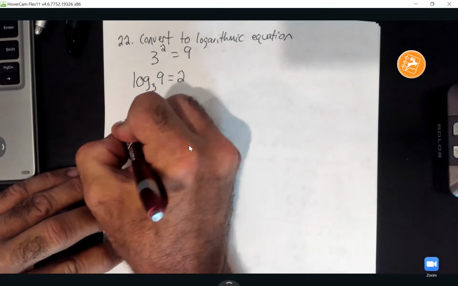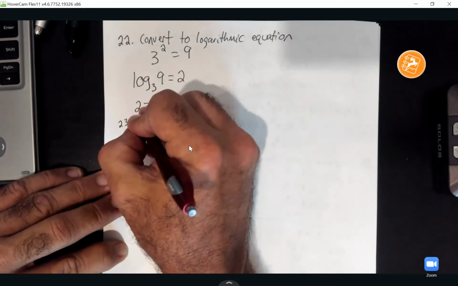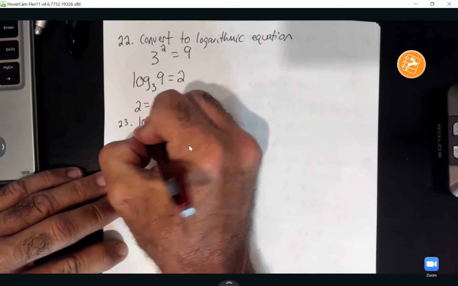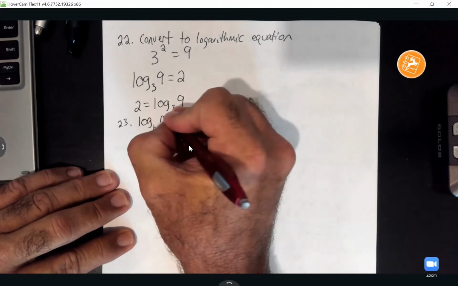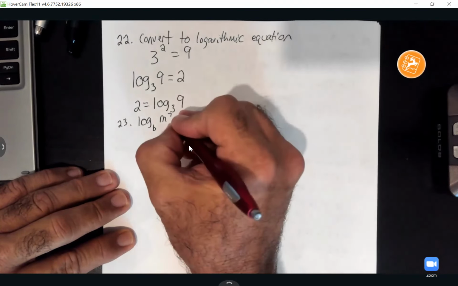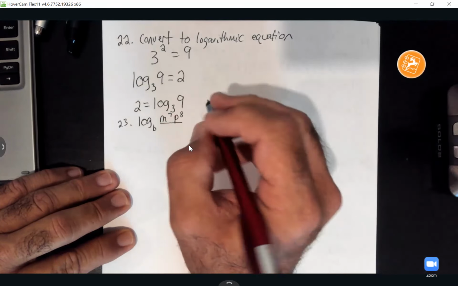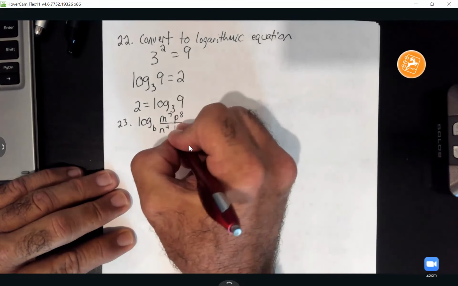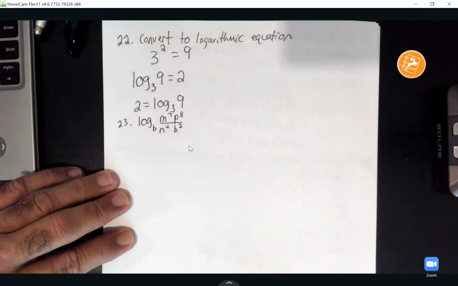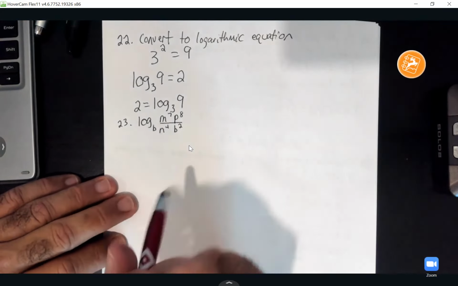All right, y'all, guess what? 23 was another one I had y'all star. This is log base b of m^7 p^8 over n^4 and b^2. So this one says express in terms of sums and differences.